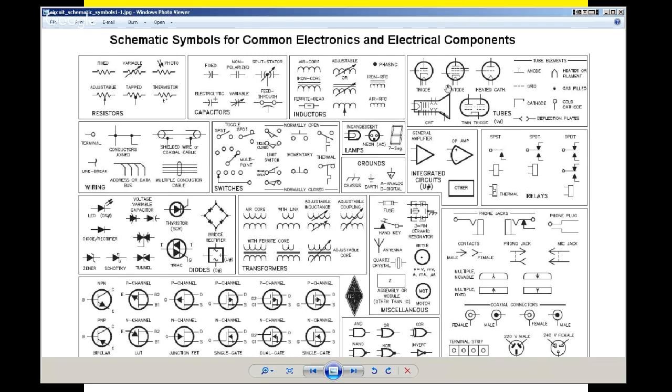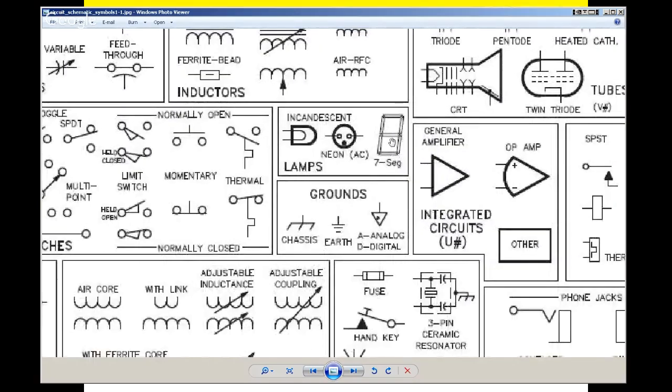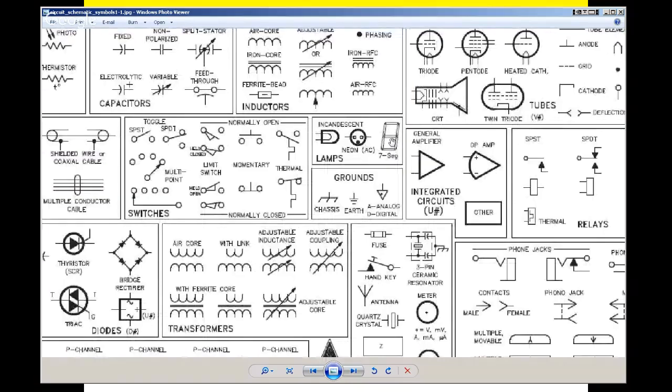We also have tubes in here, some of the tube elements, different types of wiring indicators, like for terminals and multiple conductor cable. The different types of switches, some that are multiple tap and multiple throw and things of that sort. Incandescent lamps, those little seven segment displays that used to be on the clocks were quite prevalent back in the 70s and so on.